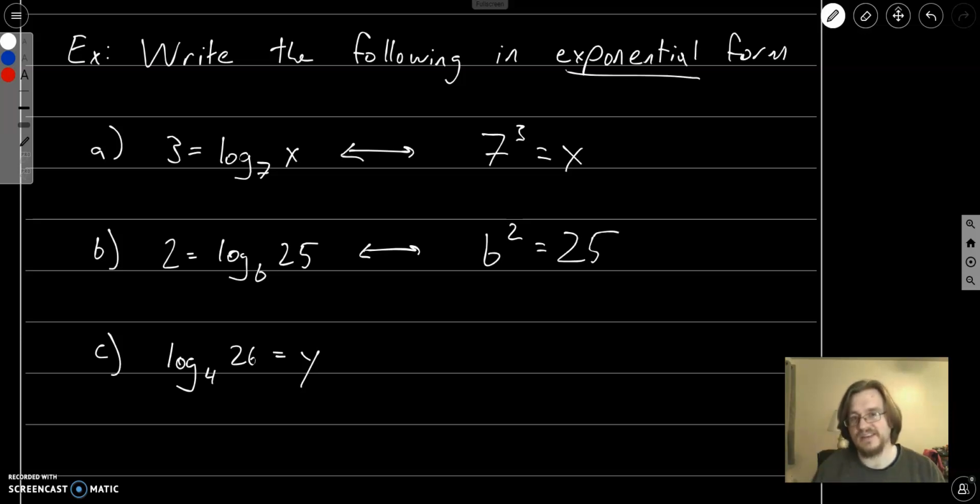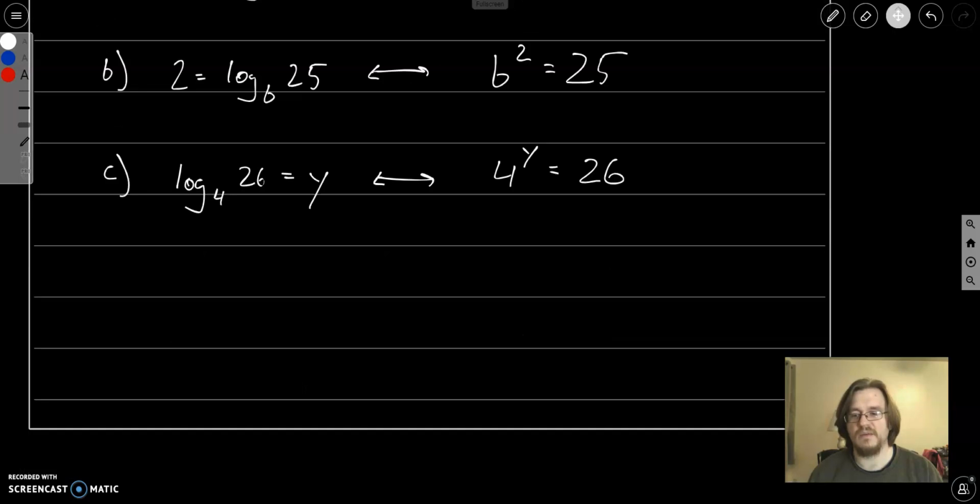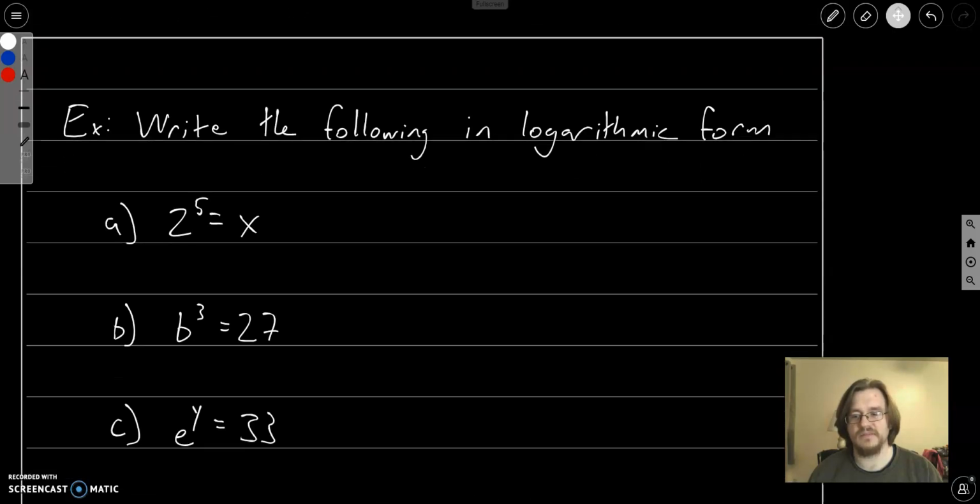I have a couple of ideas what b could be here. And this last one, we have log base 4 of 26 is equal to y, which means 4 to the y power is going to be equal to 26. So in each one of these, we took a logarithm and turned it into an exponent. We can go backwards as well.